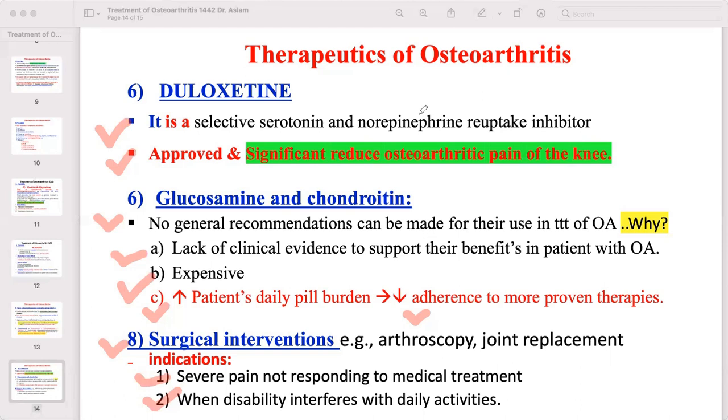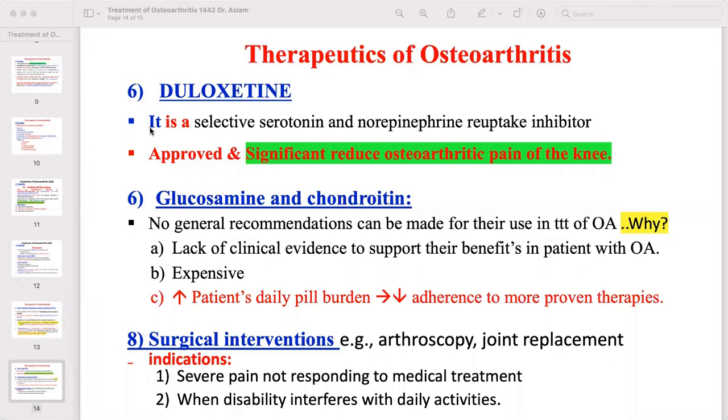So, if the patient of osteoarthritis is complaining of pain, the first line of treatment is acetaminophen as per the American College of Rheumatology guideline.